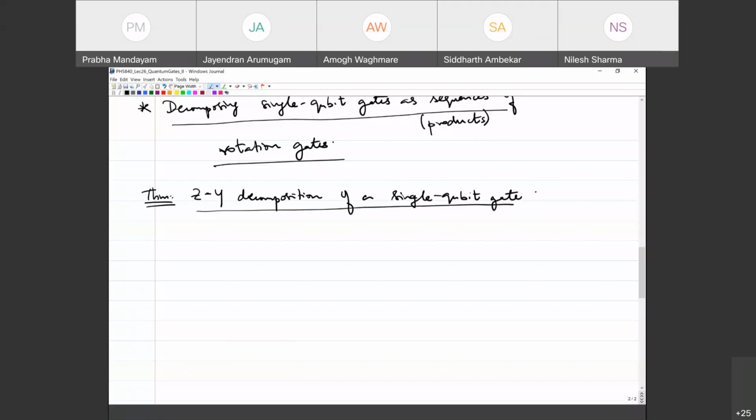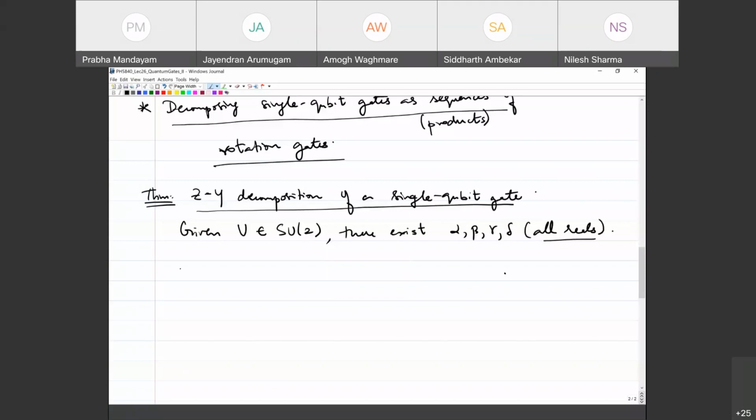So the statement is, given any U belonging to SU(2), then there exist alpha, beta, gamma, delta, that's 4 angles, but we'll see that one of them is simply an overall phase, all real.